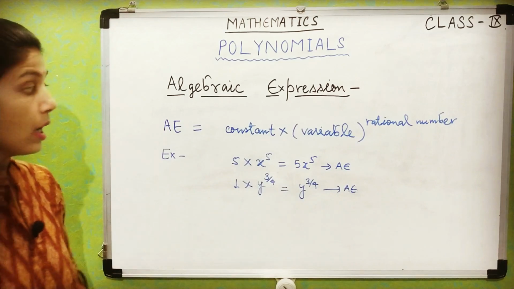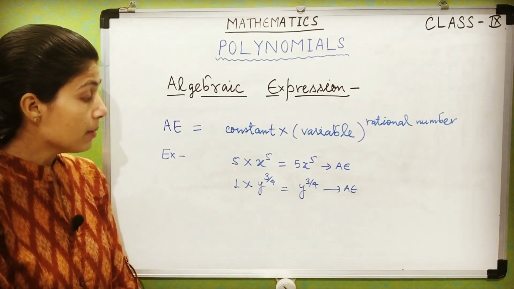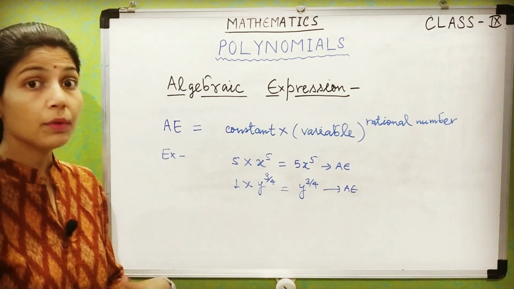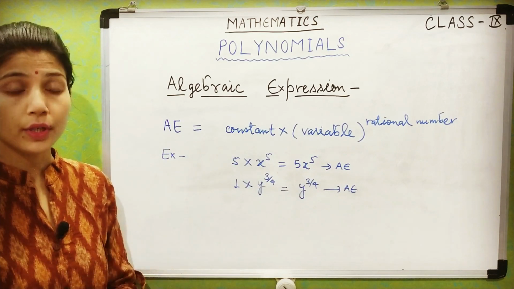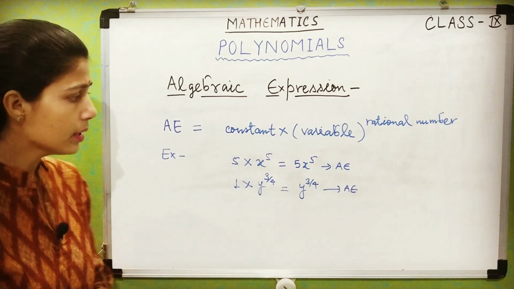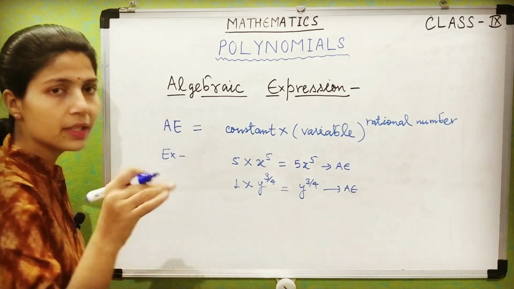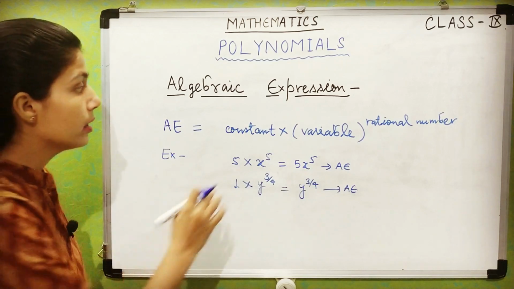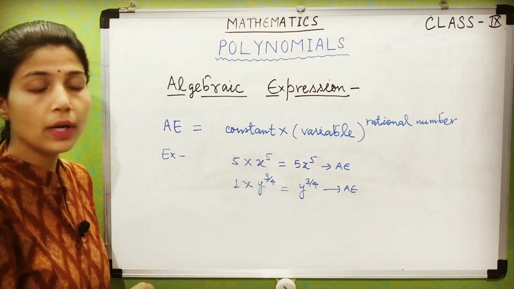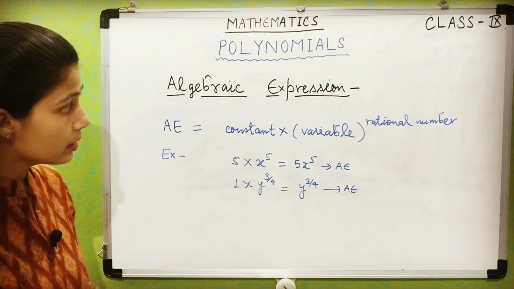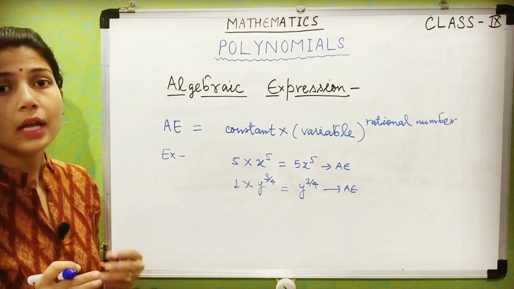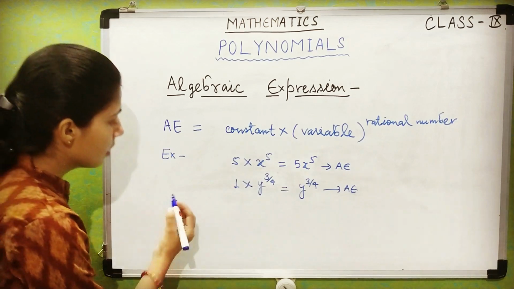Now you may say, ma'am, you are taking only one term here. It may be of 2 terms, 3 or more than 3. But the basic point is, if you add any algebraic expression that is in this form to any other algebraic expression, that will also hold this form. Always you will get an algebraic expression.